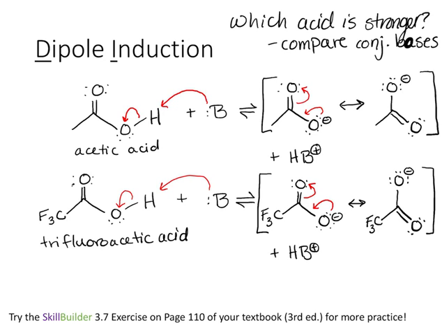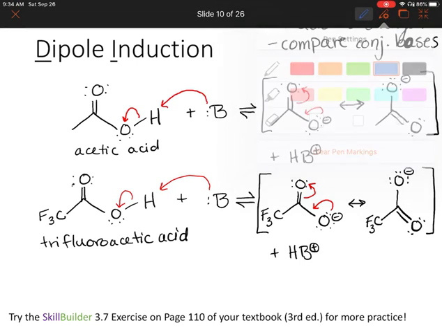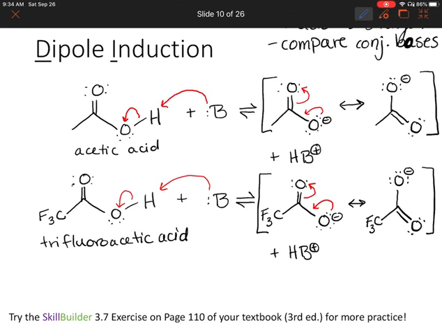Now remember, fluorine is very electronegative. So what that tells me is that there is a dipole moment or dipole induction towards those fluorine atoms because fluorine's going to pull electrons towards itself, even more so than oxygen, right? And I'm going to draw the same thing for our resonance structure too.